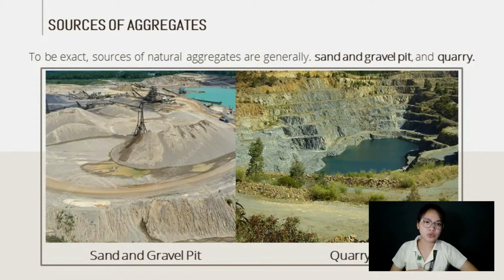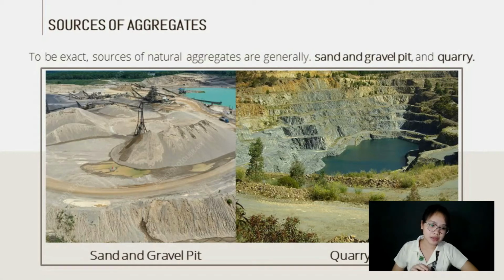The difference between the two is that in a sand and gravel pit, aggregates are located underneath the surface, while in the quarry, aggregates are located directly at the surface. For this reason, in a sand and gravel pit, to collect the aggregates, it usually undergoes mining. On the other hand, in a quarry, since aggregates are on the surface, it does not need mining.